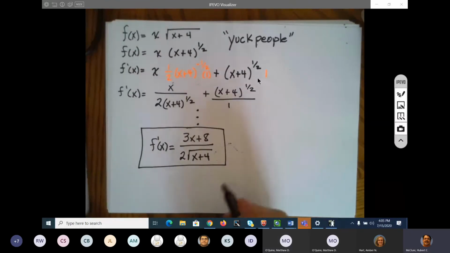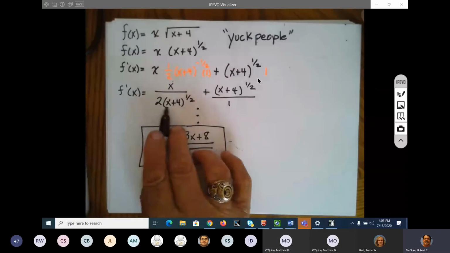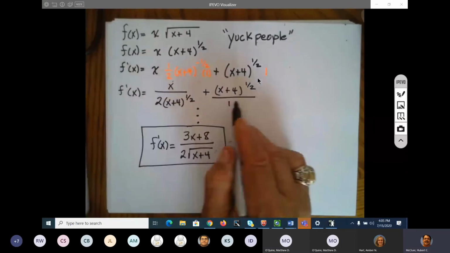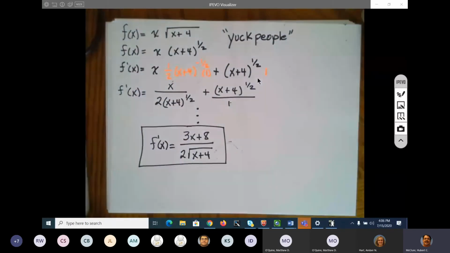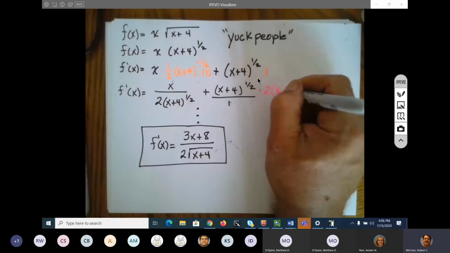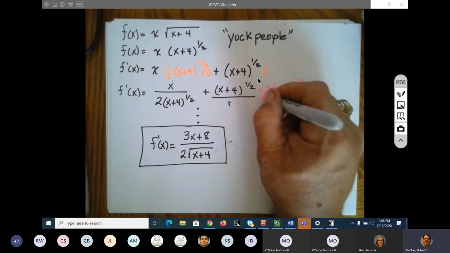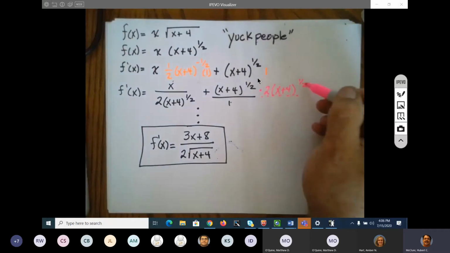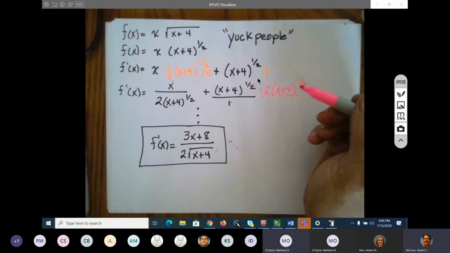And just to give you a little hint, if the common denominator is this, then 1 will go into that many times. So you're going to multiply this by 2 times x plus 4 to the 1/2. Somebody tell me what 1/2 plus 1/2 is. A whole.